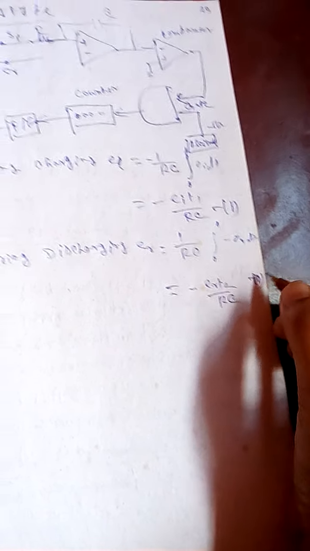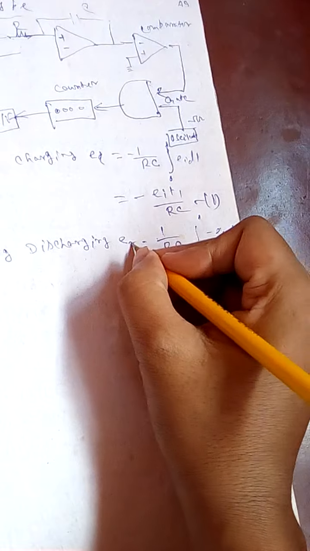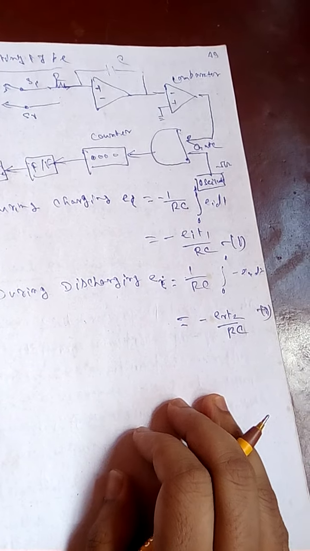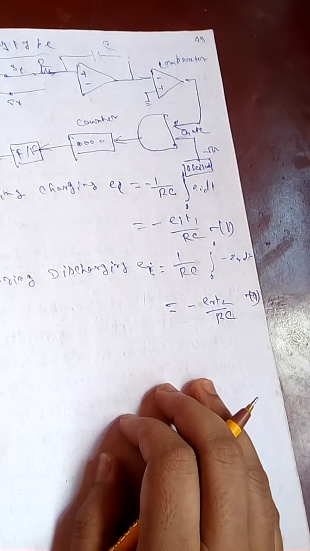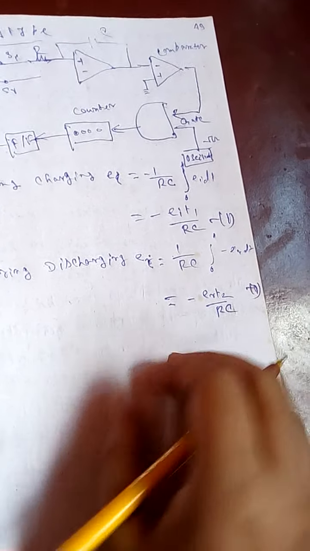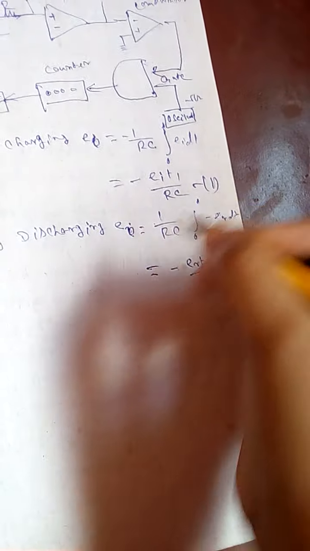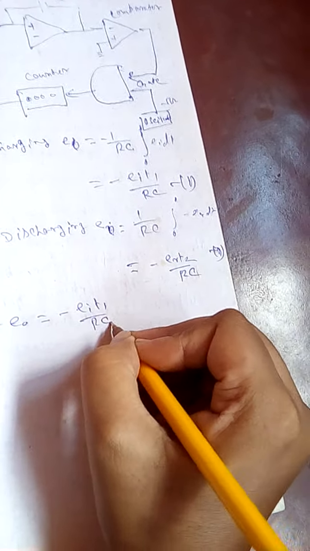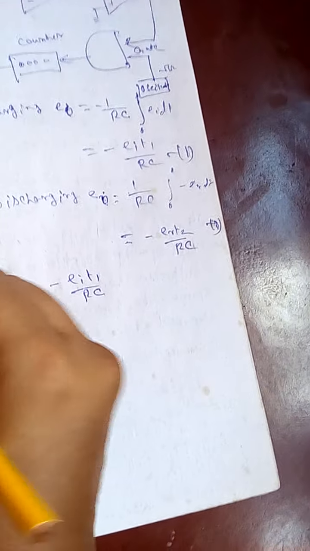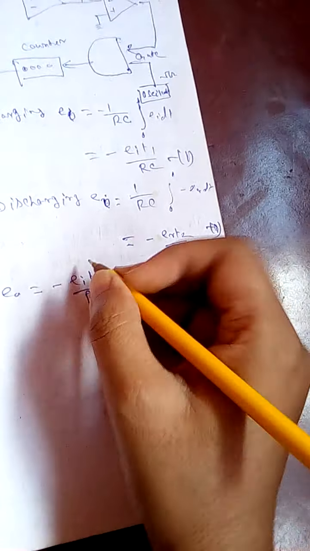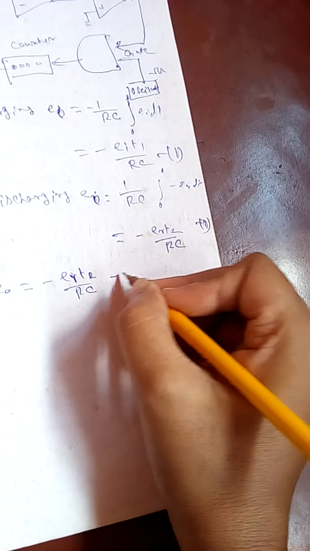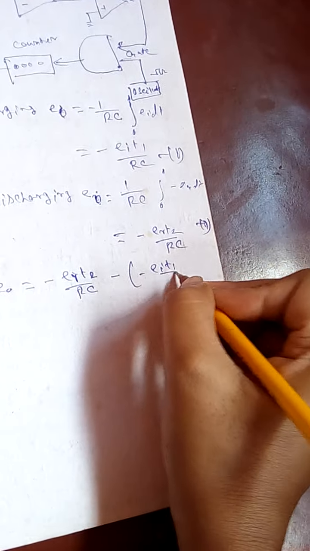So the first equation is charging and this is the second equation for discharging. Taking the total voltage of charging and discharging, E0 minus E0 equals EI T1 by RC minus ER T2 by RC.